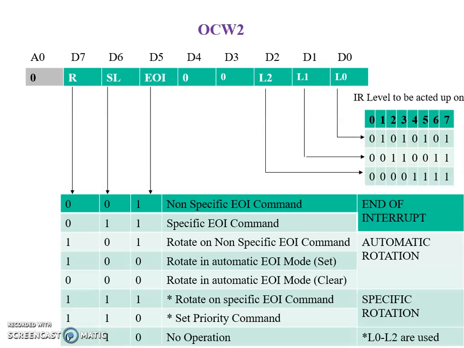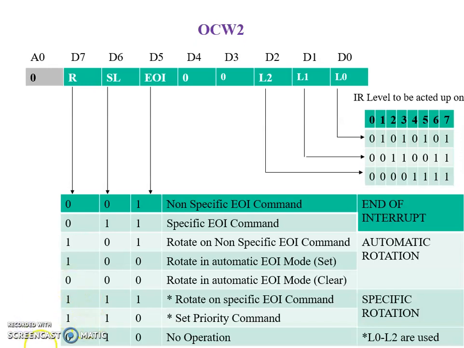Rotation is on, which means IR5 is highest priority, then IR6, then IR7, then IR0, then IR1, then IR2, then IR3, and lowest priority goes to IR4.